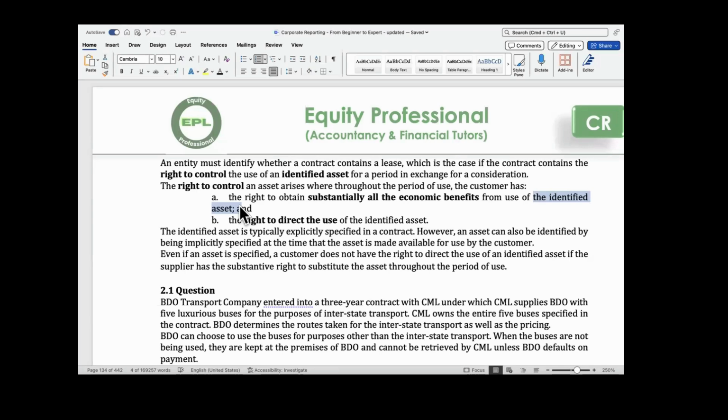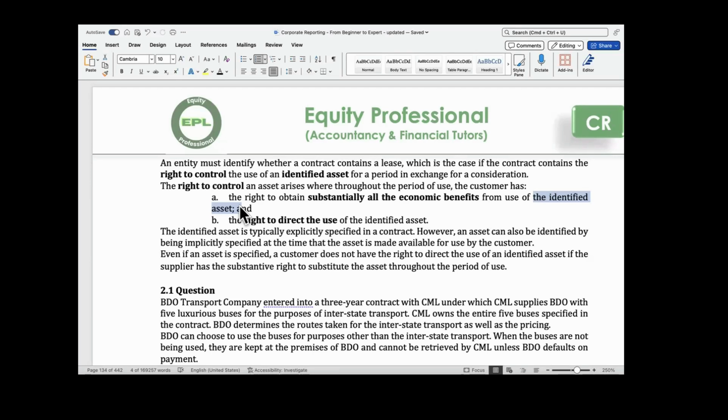And the owner of that bus now tells the lessee that, you see, I have 5 buses, since you want to rent one of them, you are free to pick any one of them whenever you need it. Just come and pick any one of them. If the wordings of the contract is in that manner, that is not a lease, because in that wise, we don't have a specified or identified asset.